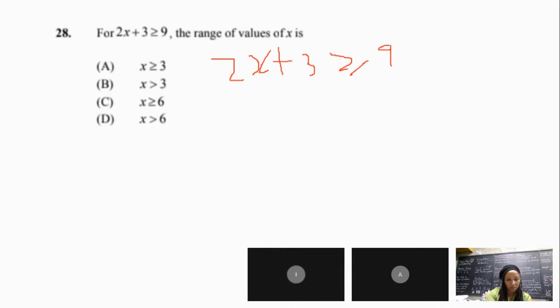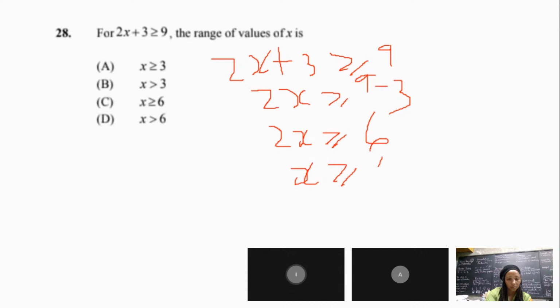So we subtract 3 from both sides, and that would give us 2x is greater than or equal to 6. And then we'd divide both sides by 2, so it's going to be x is greater than or equal to 3, which is B.